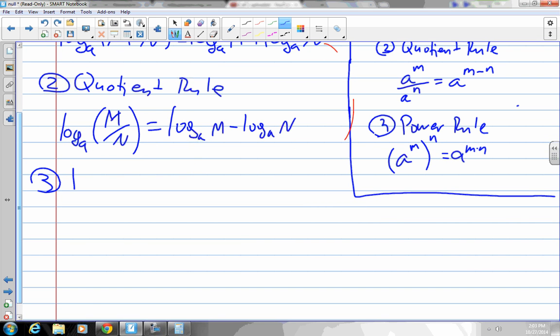And finally, the power rule. If I have log base a of n raised to the power r, not the whole thing, just a little n, like that. So what do we do with exponents when we raise a power to a power?